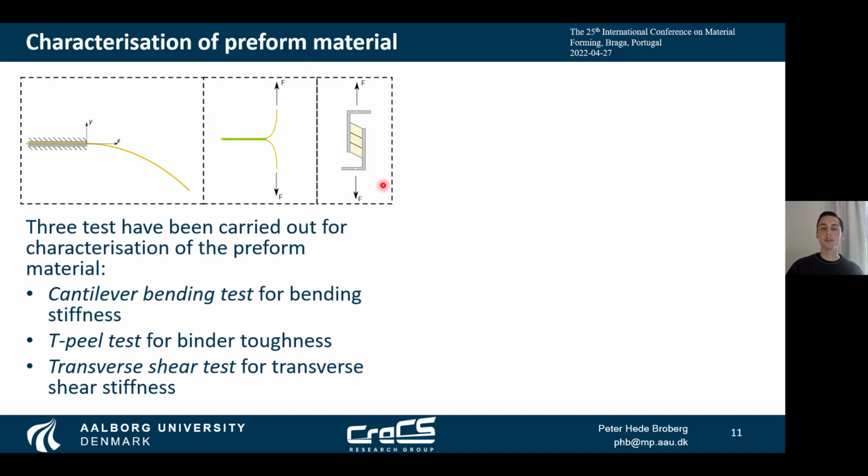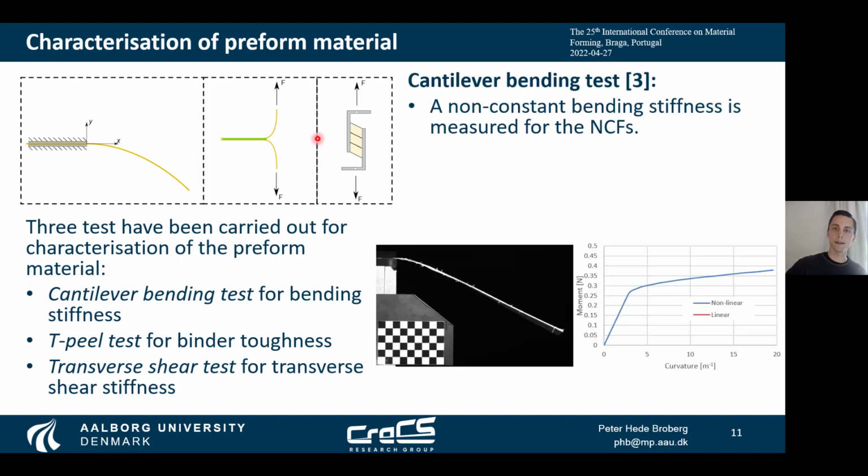And then we have carried out a transverse shear test to characterize the transverse shear stiffness of this preform. From this cantilever bending test, we have observed this nonlinear response of the non-crimp fabric, where we have a high bending stiffness at low curvatures, and then a lower bending stiffness at higher curvatures.